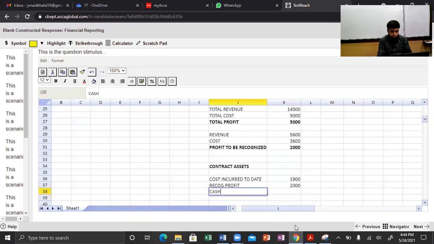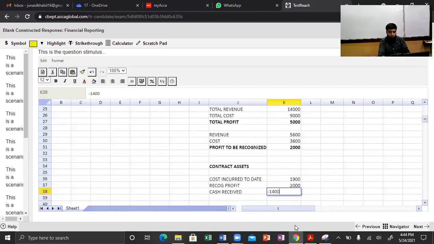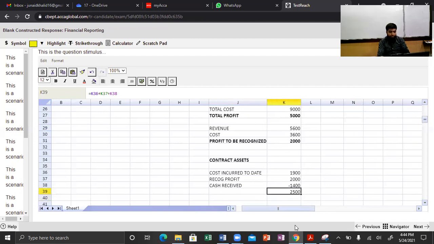And the cash received or invoiced is deducted. The cash received is, I guess, 1.4 million, that is 1400. So for the contract asset, 1900 plus 2000 minus 1400, that is 2500, is the contract asset that is going to be recorded in the balance sheet.